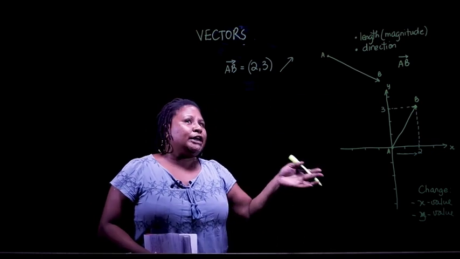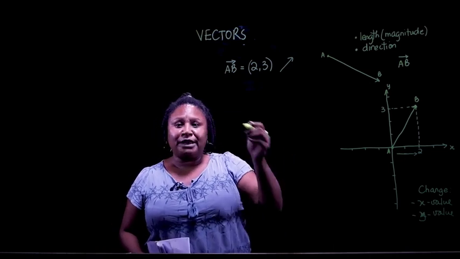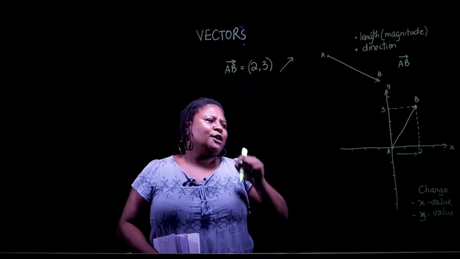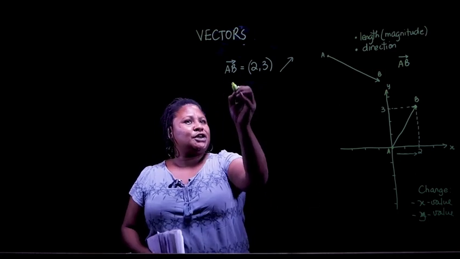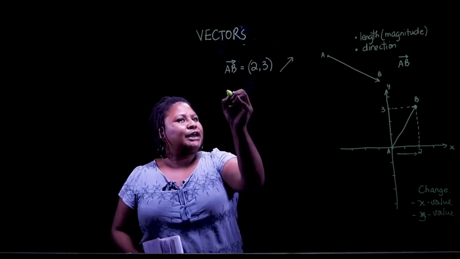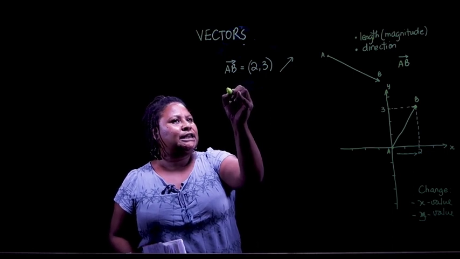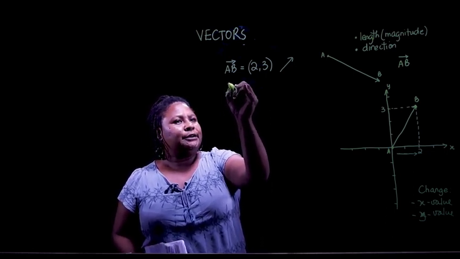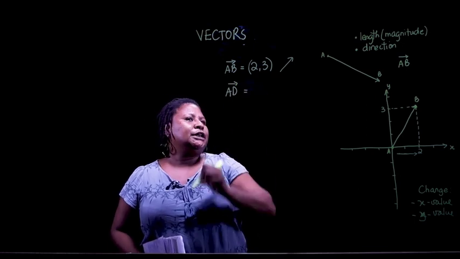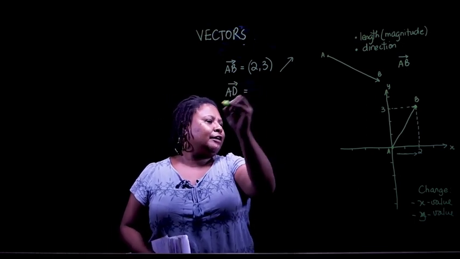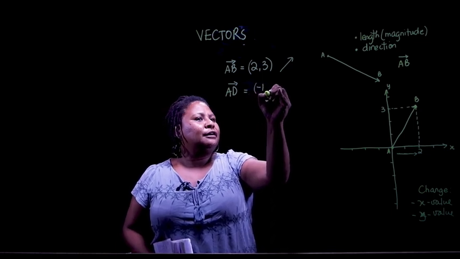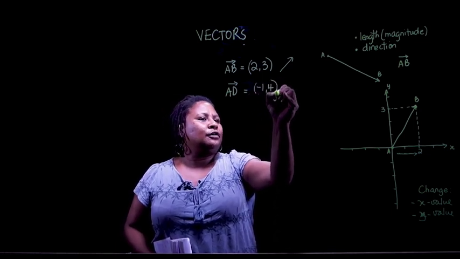Now, if I give you a vector with a measurement, you should be able to draw it on a Cartesian plane to see the direction in which this vector is going. So let's say vector AD is in the direction of -1, +4.